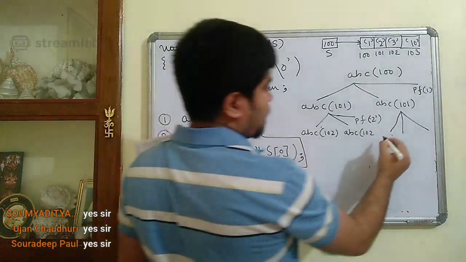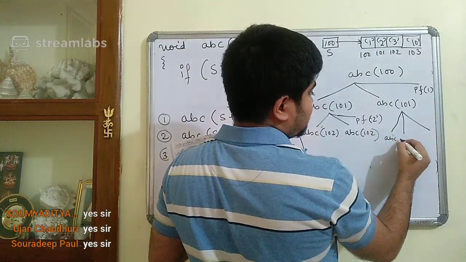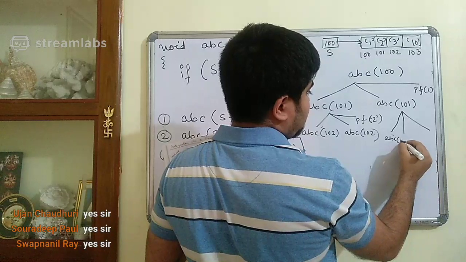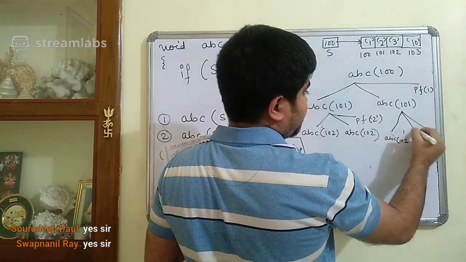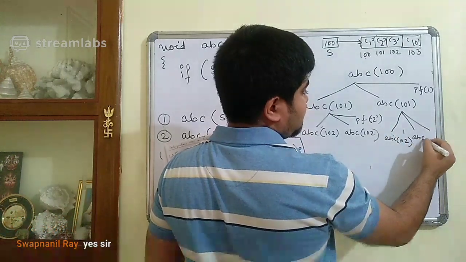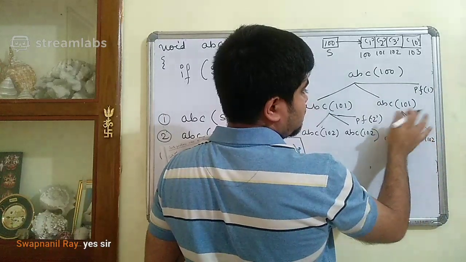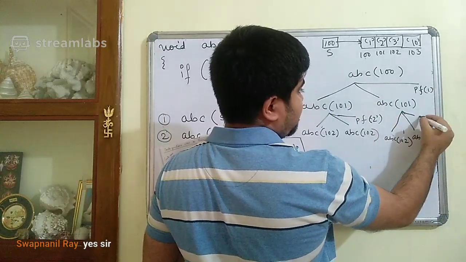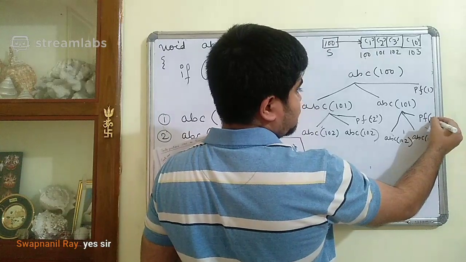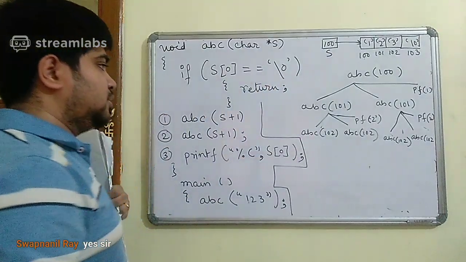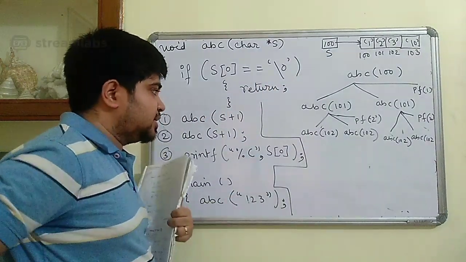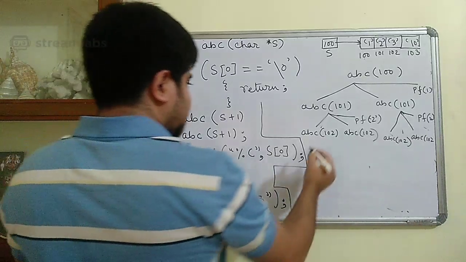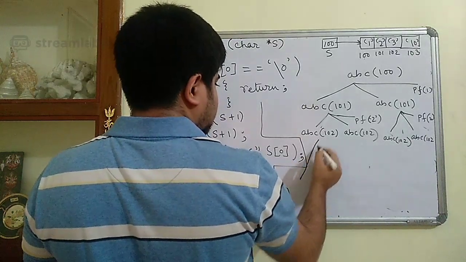Okay. ABC 102, and printf 2. Obviously it's a character, right? ABC 102 is again calling.